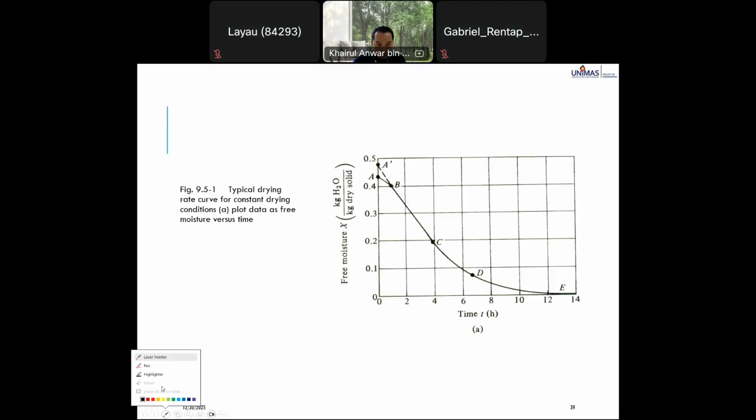Tangent means, let's say this point, a line that just passes through that point, something like this. Then you calculate this slope.